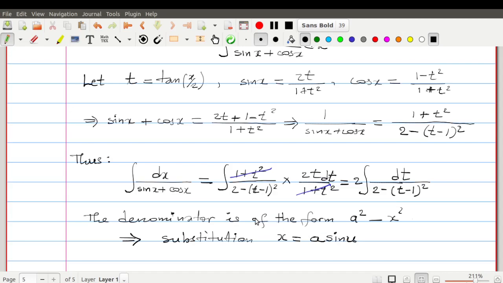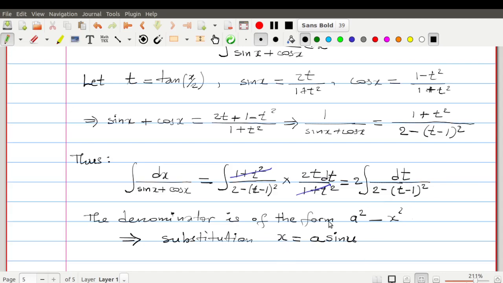So that's the type of the change of variable that we use. So in our case, this whole expression is like our x.